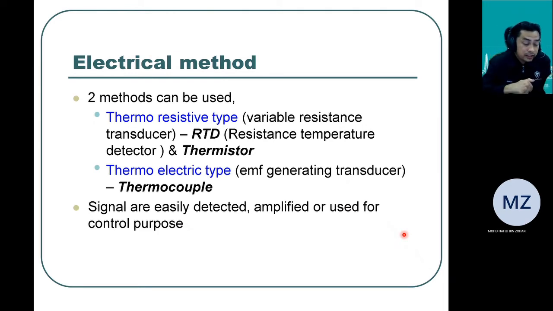And for the second one, thermoelectric type, with the change of temperature, basically an increase of temperature will also increase the generation of voltage, the EMF. We call it EMF. After this, we're going to look at these in detail, but these are actually very common methods to be used.